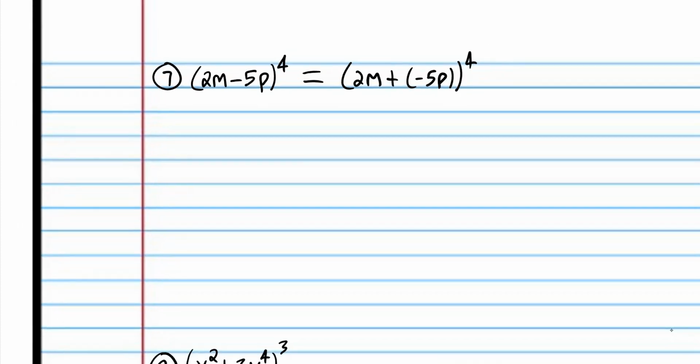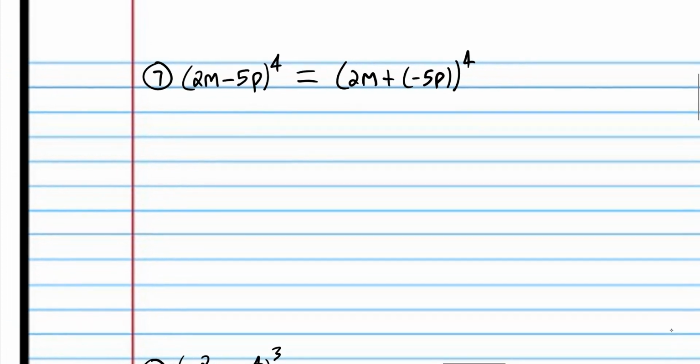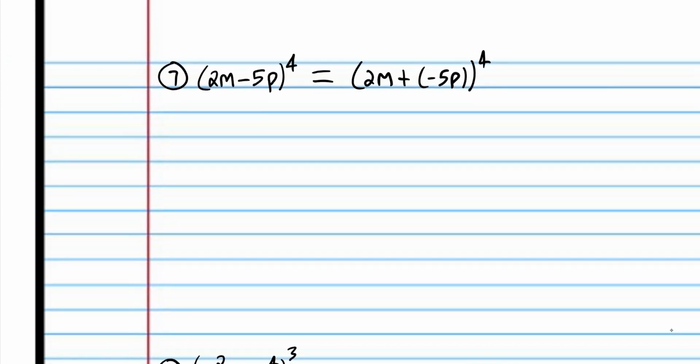So we have a subtraction symbol here, so we're going to have to change this to 2m plus negative 5p. All right, so now we're going to use the binomial theorem, but in this case, this is going to be the first number.